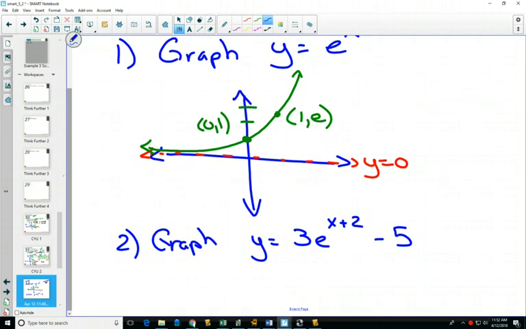So just like all of our other exponential functions, it's not any more difficult. The process is the same. The numbers just are weird because we're dealing with the number e.